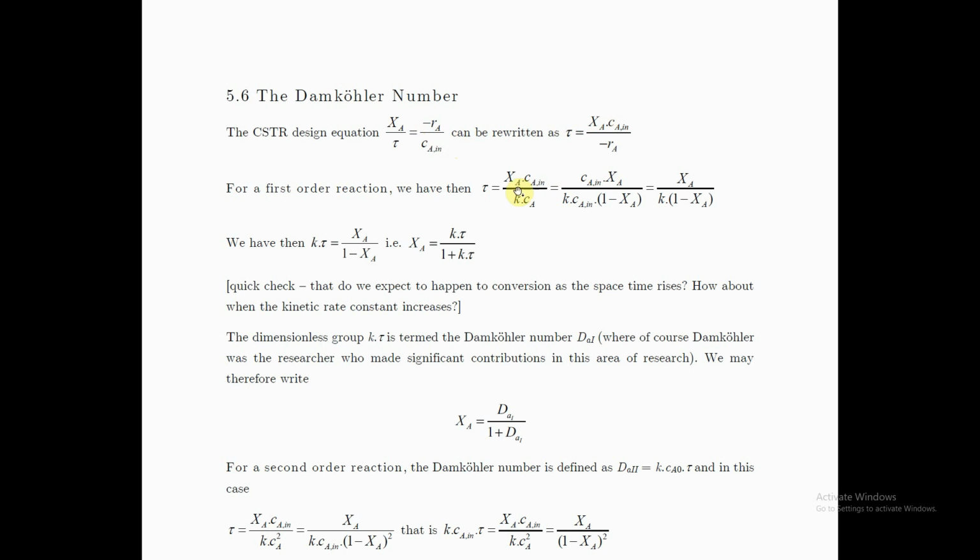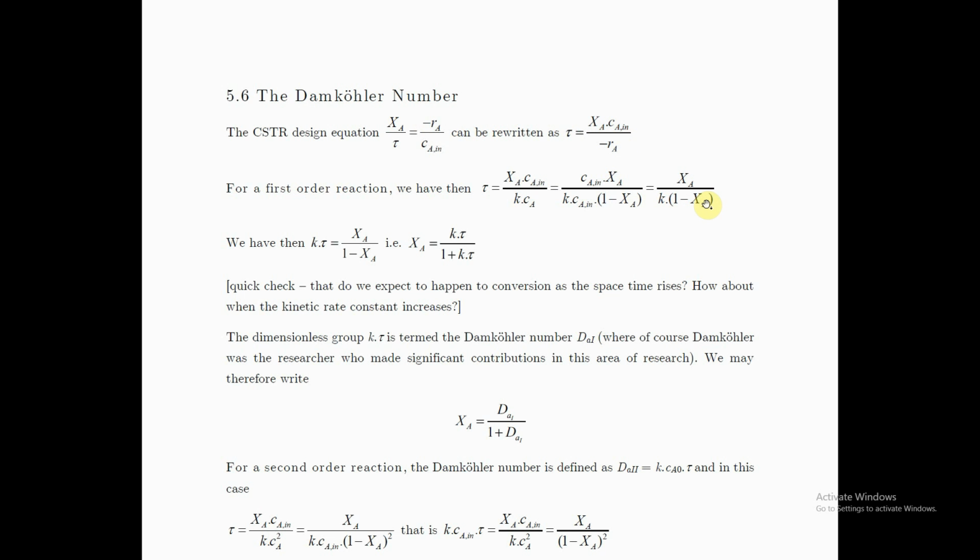That's tau. And if it's a first order reaction, we can replace this minus RA by K CA. And then that CA we can rewrite as CA in times 1 minus XA. And then, of course, the CA in can cancel, leaving us with XA over K times 1 minus XA.